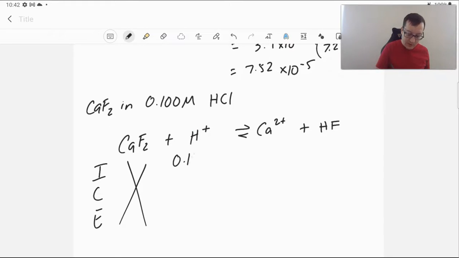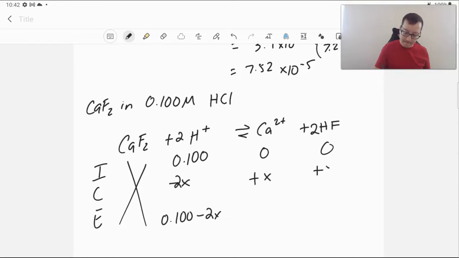We have our original concentration of hydrogen ions. We have 0 of our other 2 products. We're going to be subtracting 2X. I'm sorry, this should be a 2 here. And we're going to have 2 HFs as well. So we'll have X, we'll have 2X here.